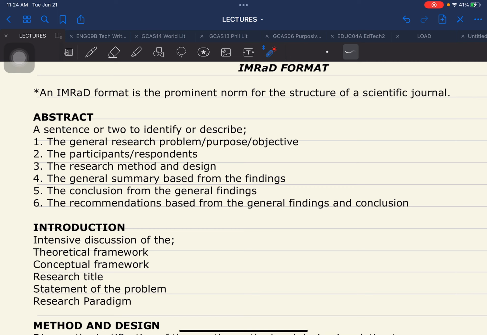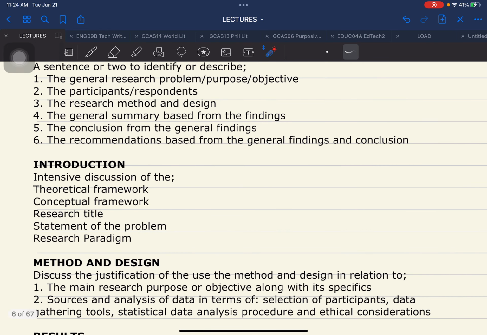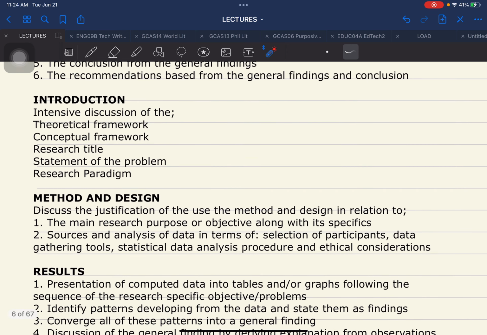So that's why they will require you to make sure that the study that you are going to submit should follow this particular format for it to be included in that journal. And this also facilitates the browsing of references, the browsing of specific parts of the study that they want to look in your research. Okay, again, another part is the method and design.